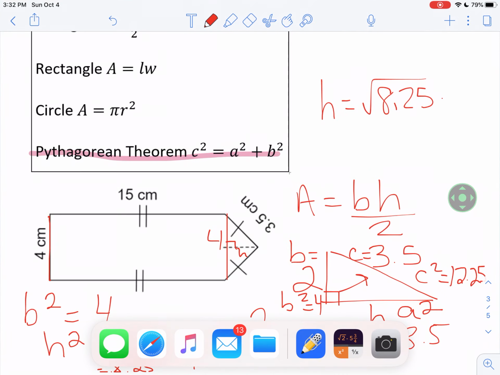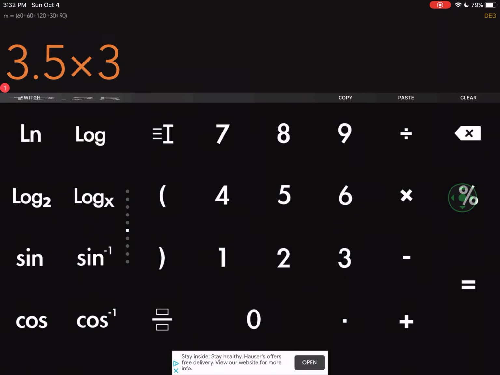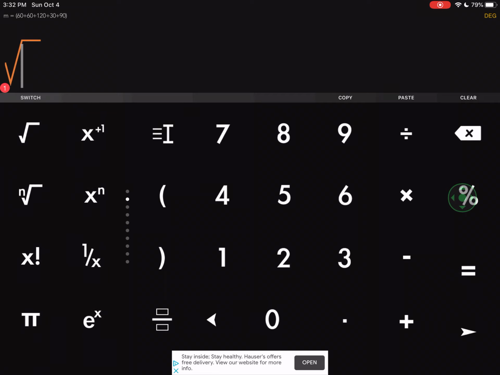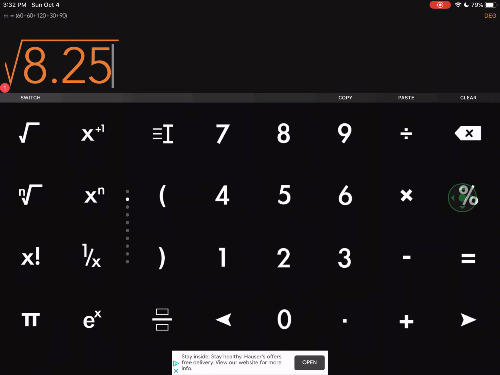So let's grab our calculator. Square root of 8.25.